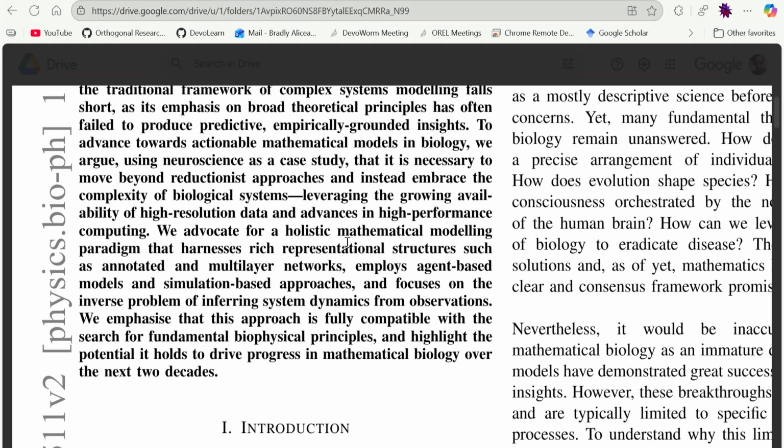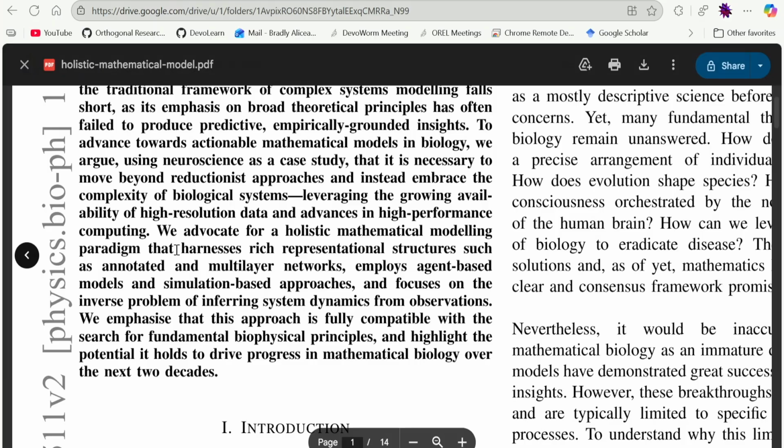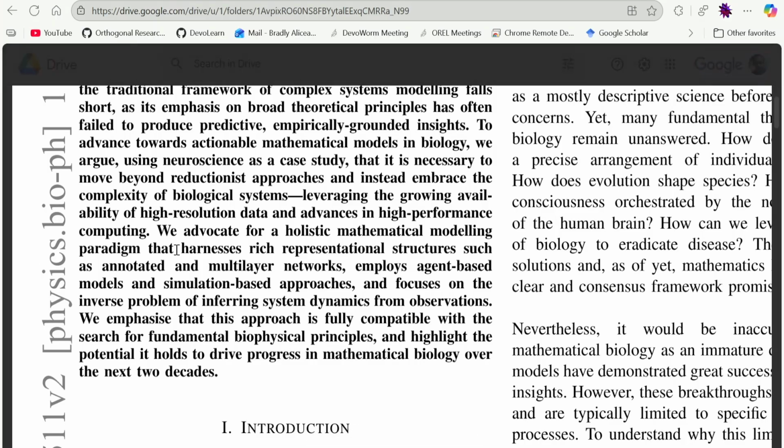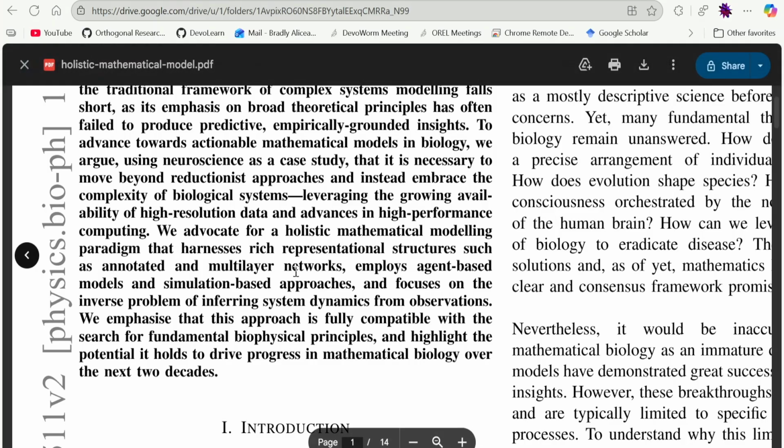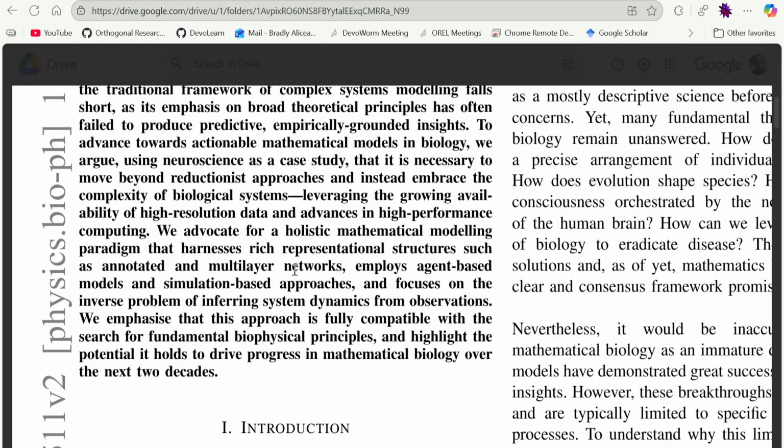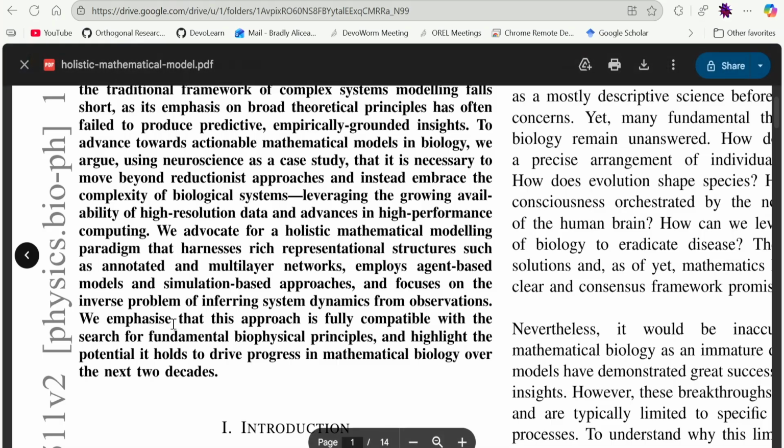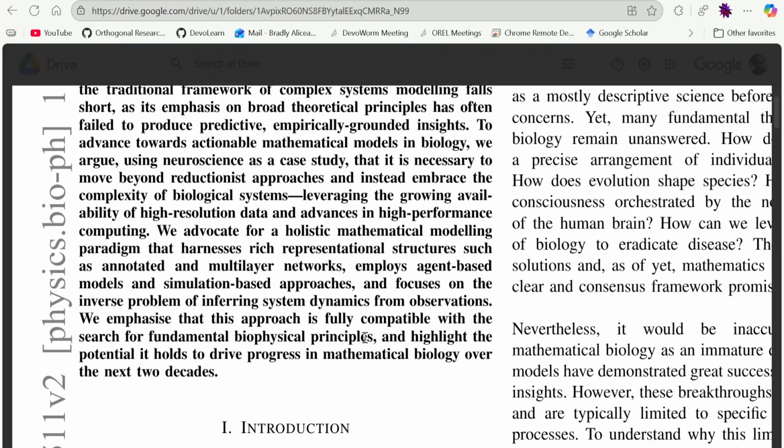We advocate for a holistic mathematical modeling paradigm that harnesses rich representational structures such as annotated multi-layer networks, so the network aspect, employs agent-based models and simulation-based approaches, and focuses on the inverse problem of inferring system dynamics from observations. We emphasize that this approach is fully compatible with the search for fundamental biophysical principles and highlight the potential it holds to drive progress in mathematical biology over the next 2 decades.